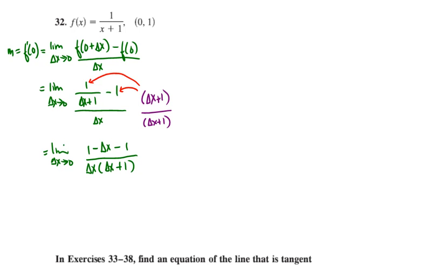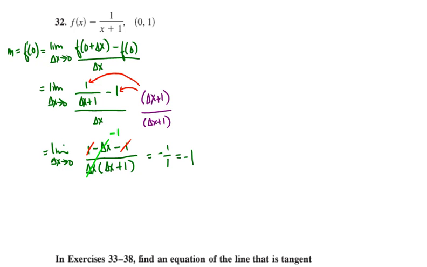Now the 1 and the negative 1 are a 0 pair in the numerator, leaving only negative delta x there. So the delta x will cancel with delta x in the denominator, leaving a negative 1 in the numerator. When we plug in delta x equals 0 now, we will simply get negative 1 over 1, or negative 1 as the slope of our tangent line.